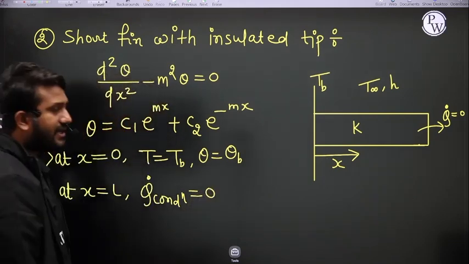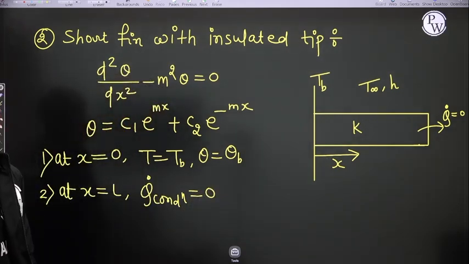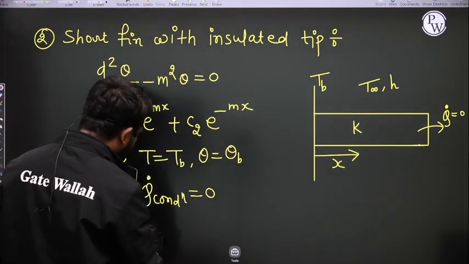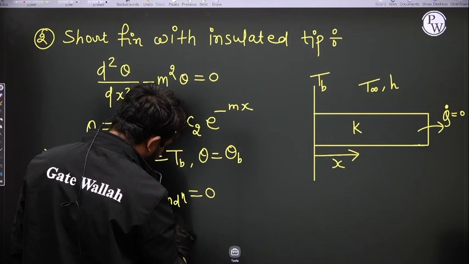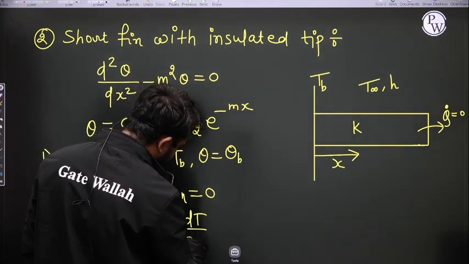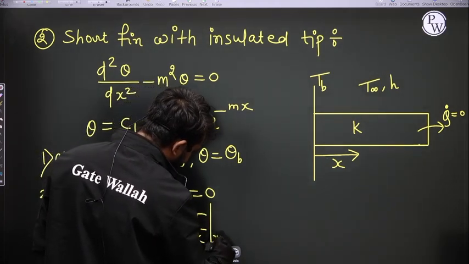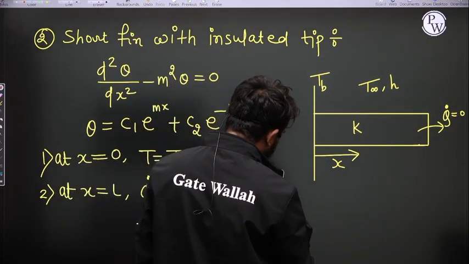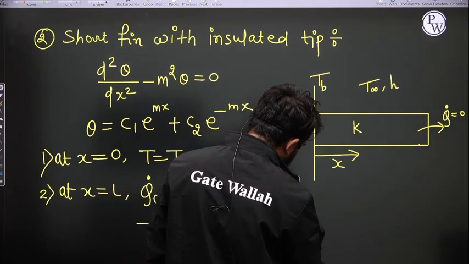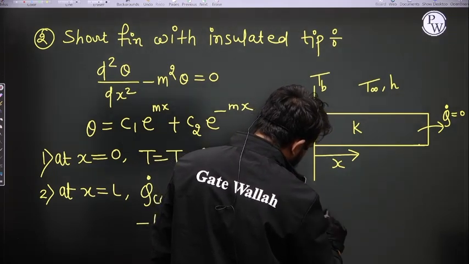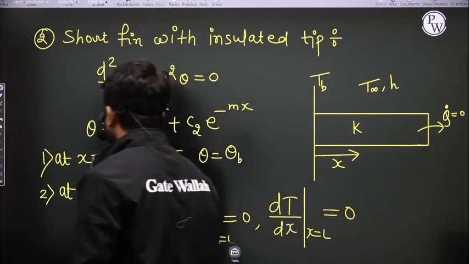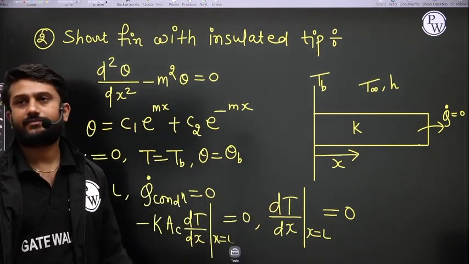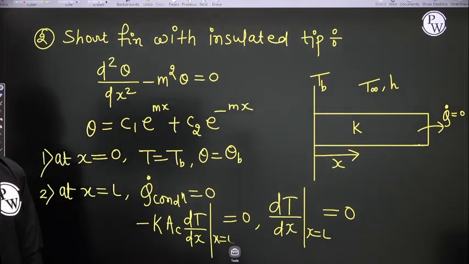So I write this mathematically: at x equal to L, the rate of conduction heat transfer within the fin is equal to 0, that is minus k Ac dT by dx at x equal to L is equal to 0. So the second boundary condition is dT by dx at x equal to L is equal to 0.